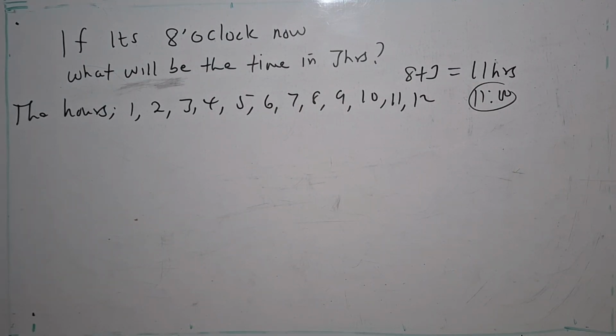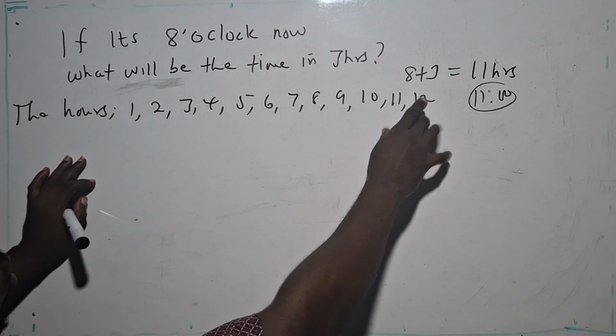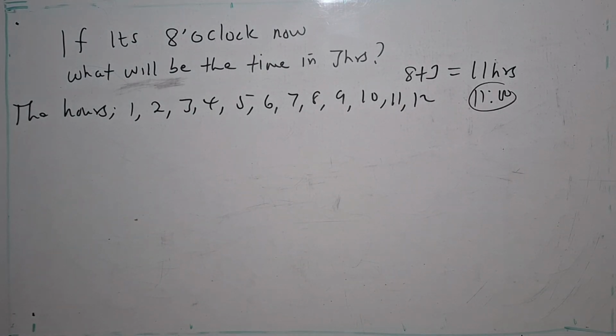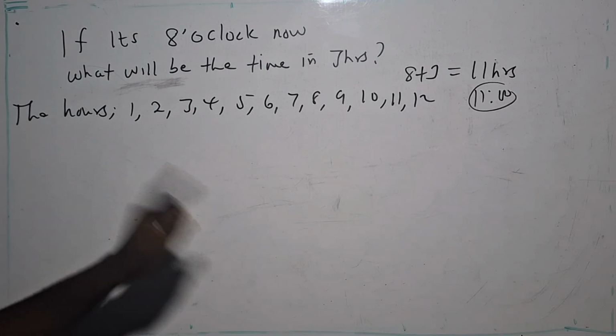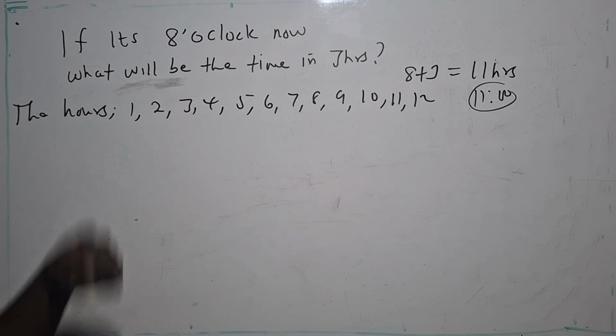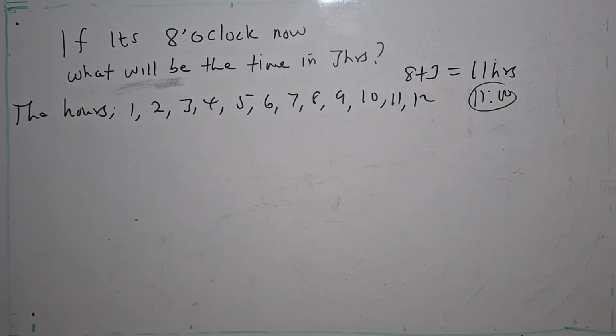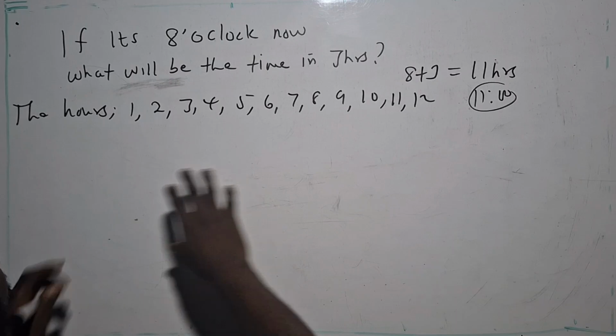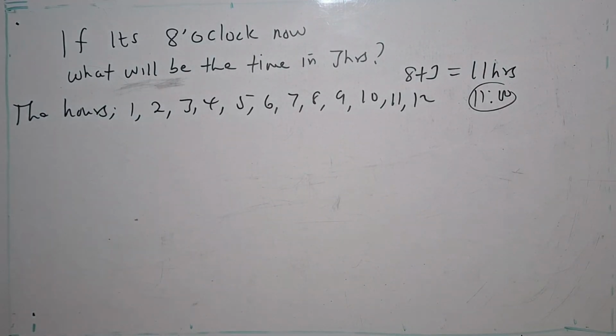So it means that we shouldn't get anything more than 12. So our guide is going to be 12 here. Anytime we get anything more than 12, it means we have to subtract, as I explained. So the clock is 12 hours. This is what you need to understand.